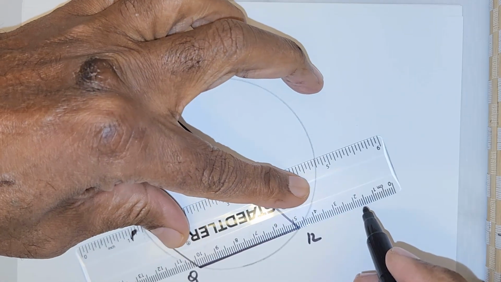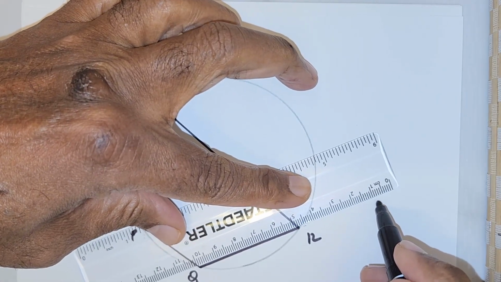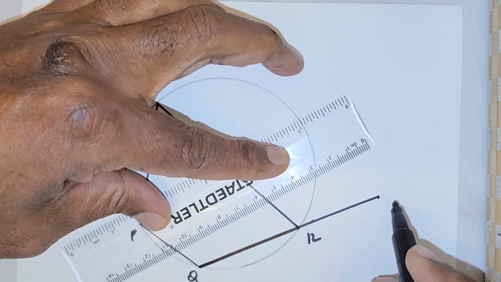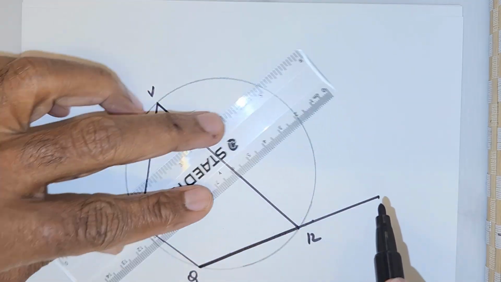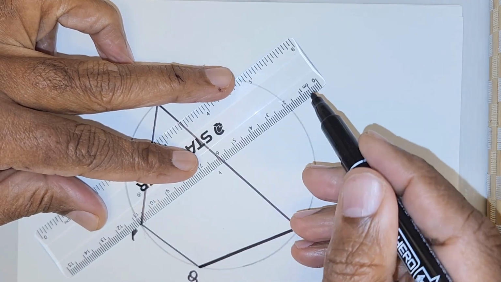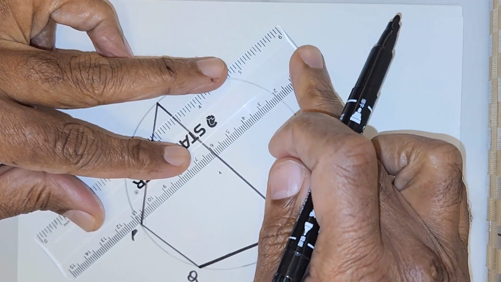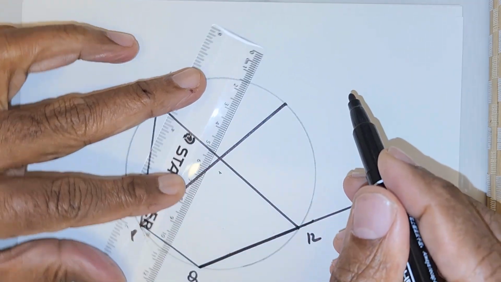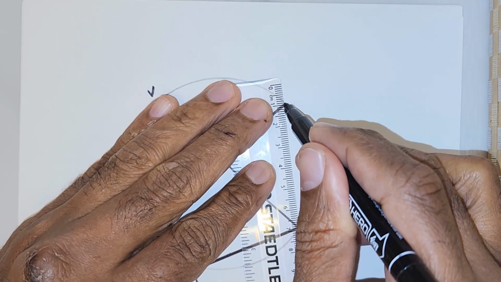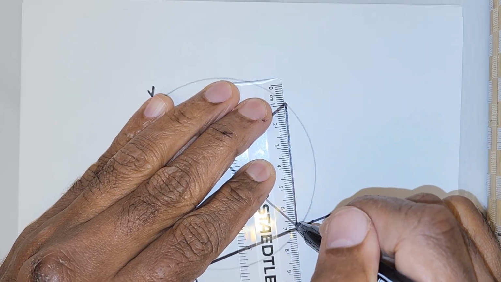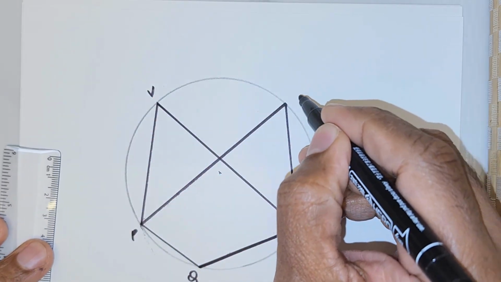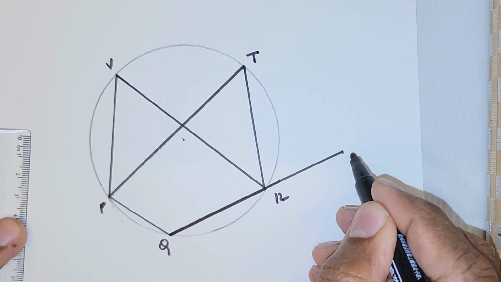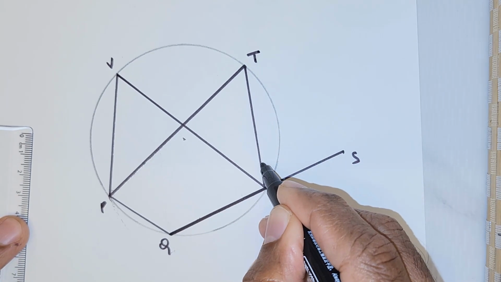In fact, the line actually stretches. Okay, and there is a hit. And that completes. So this is T, this is R, this is S.